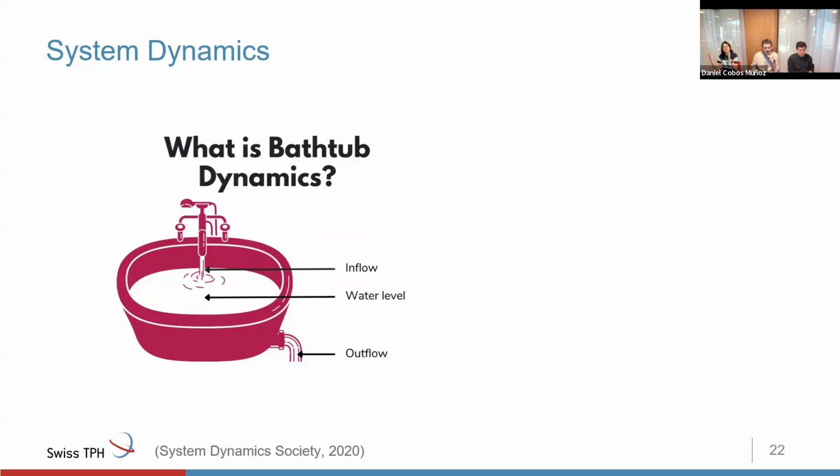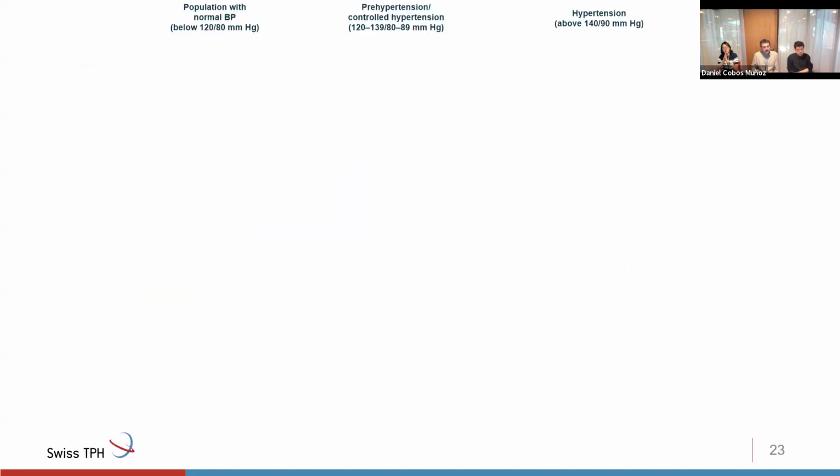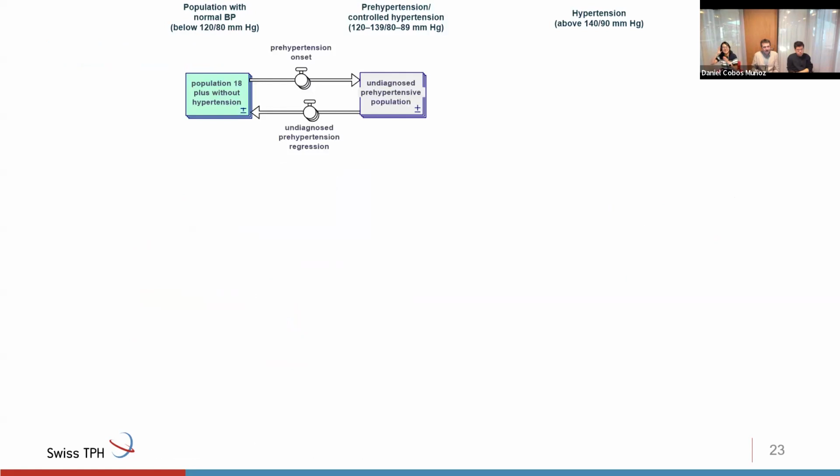So in the next slides, I will show you a bit of how we connect many bathtubs or many sinks together, and how the change of one flow to the other replicates or shows the complexities of the cascade of care. Next, please. So here, if you click next, maybe you can slowly click next. Yes, here you can see different boxes.